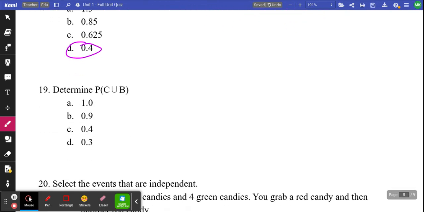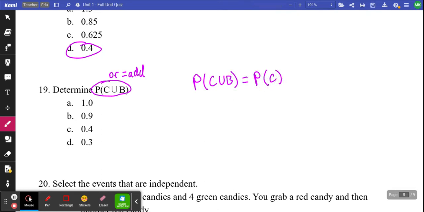Determine the probability of C or B. Or means add. But there is a trick to this. Because these events are not mutually exclusive, that means we need to do the probability of passing chemistry plus, so add, probability of passing biology, then subtract the probability that you pass both at the same time.